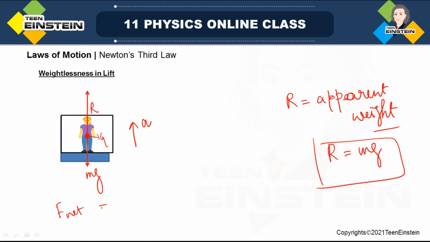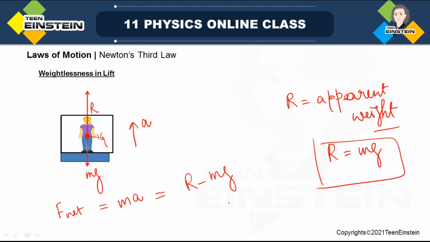The net force on the object is M into A, because the man is inside the lift, so the acceleration of the man will be the same as the lift. So MA is equal to R minus mg. I hope you agree with me.